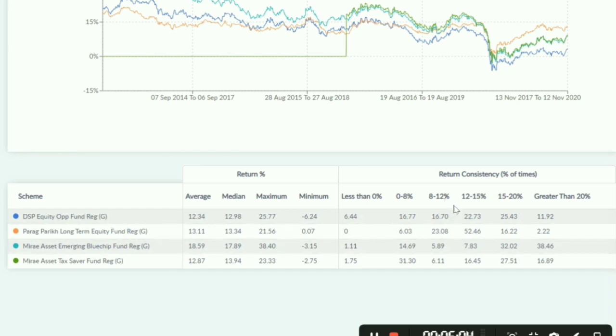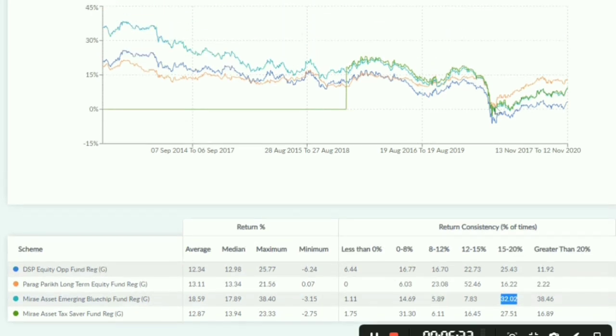In around 8 to 12%, PPFAS has been giving most of the returns. 12 to 15, you can see PPFAS has been giving most returns. But in the 15 to 20% range, the highest has been Mirae Blue Chip and Tax Saver.